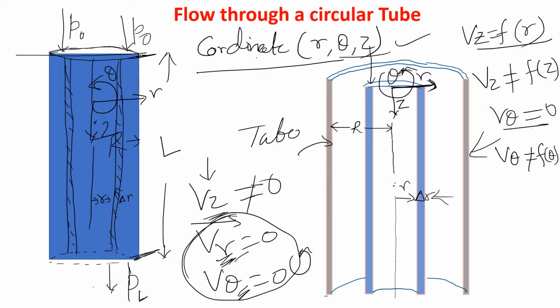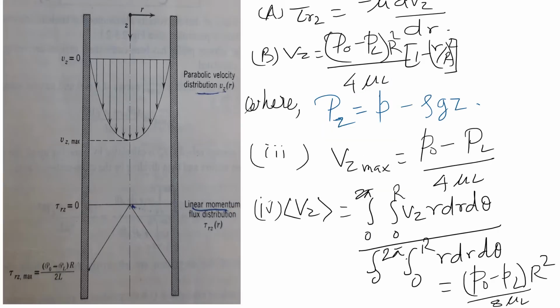So we made our cell and analyzed what forces act upon it. Then we applied the boundary conditions. We had two boundary conditions, one for calculating C1 and another for C2.